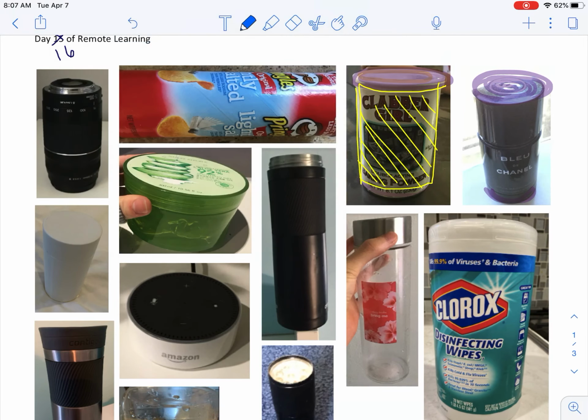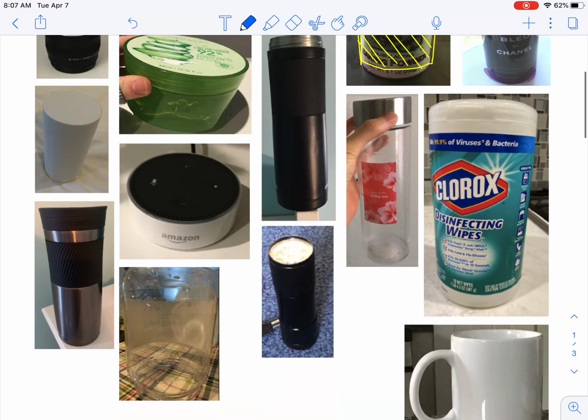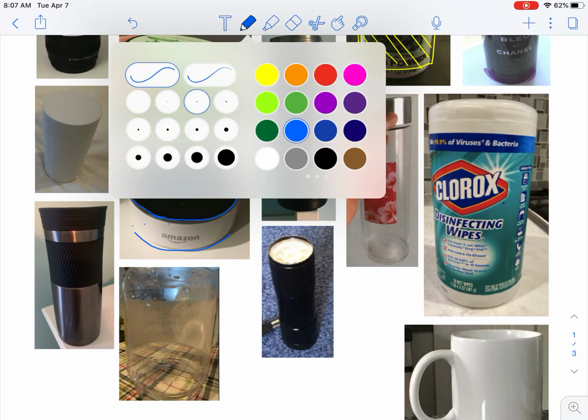Okay, so let's go through a couple more of these. If I look at the Alexa, I have a circle base on top. And of course, there's going to be a base on the bottom.